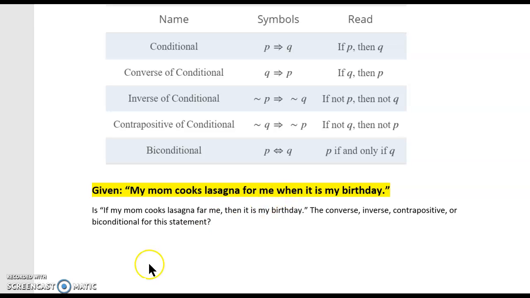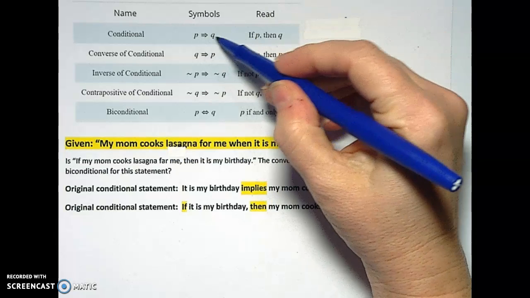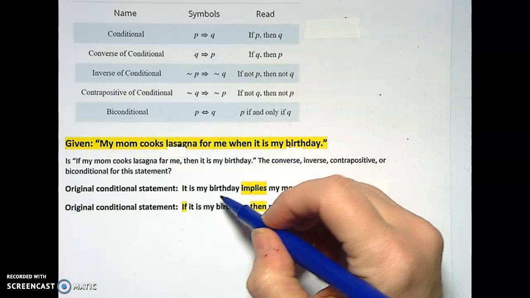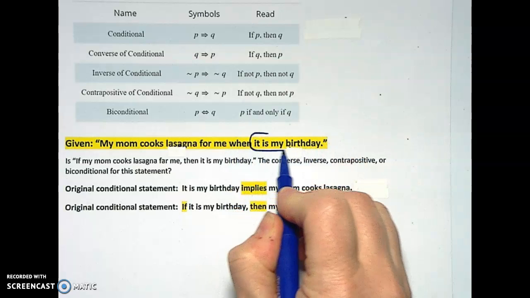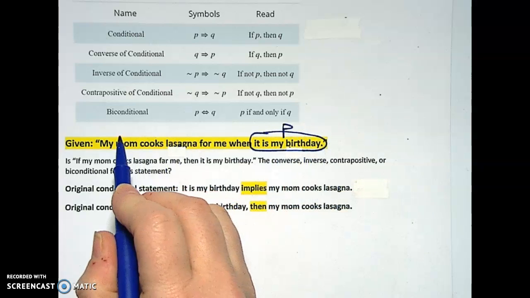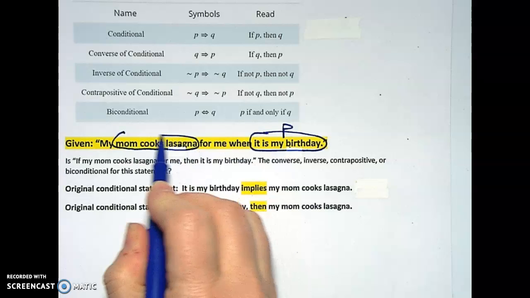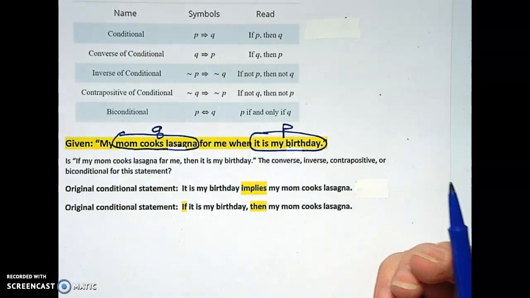And we'll write it in two different ways. Okay, so this should make it way, way easier to identify what the P is and what the Q is, because it's if P, then Q. So it is my birthday is the P, and mom cooks lasagna is the Q. And sometimes it helps to write those down.